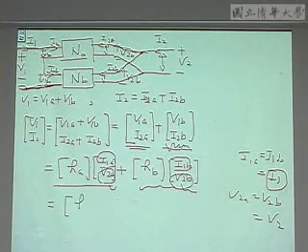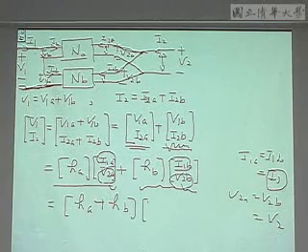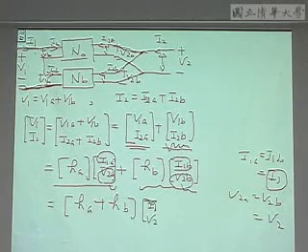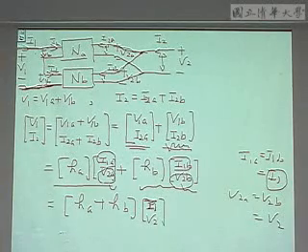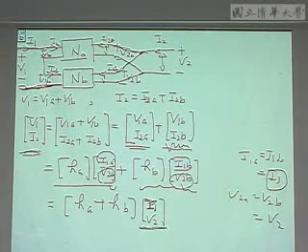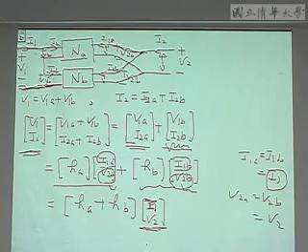So we can add together H_A plus H_B, that is [I1, V2]. So this is the definition of the hybrid parameter.